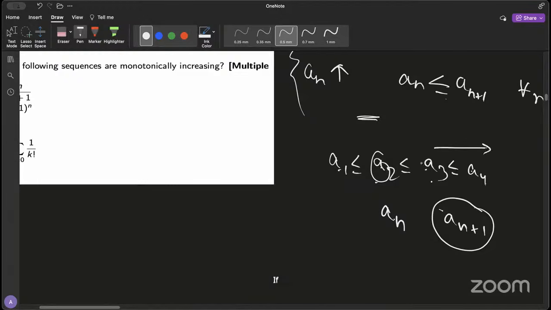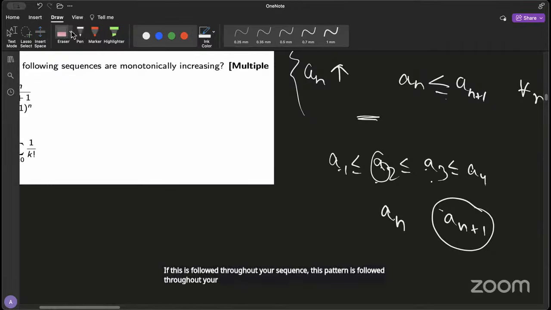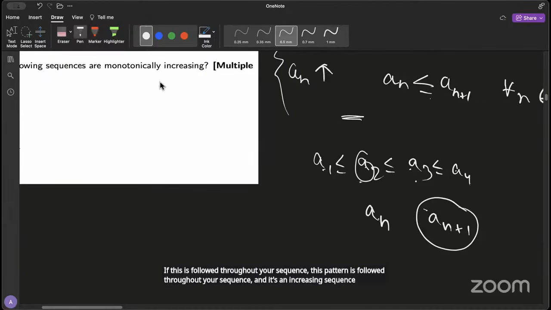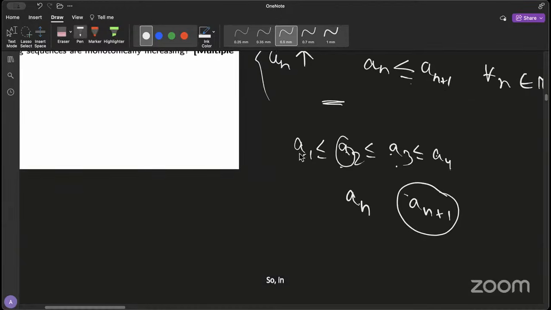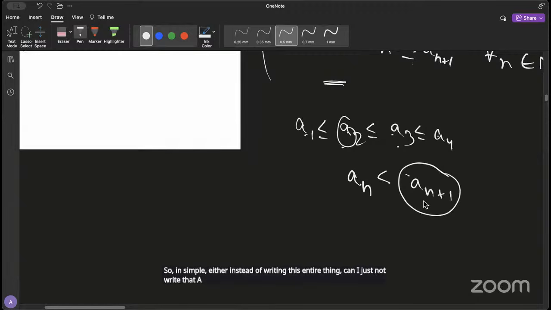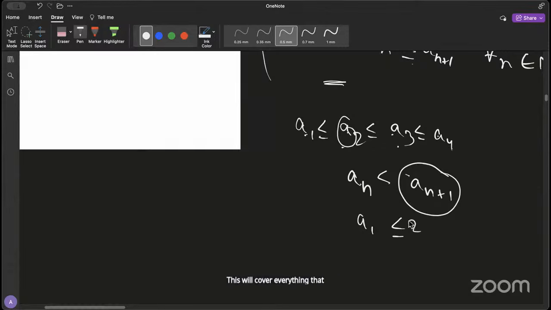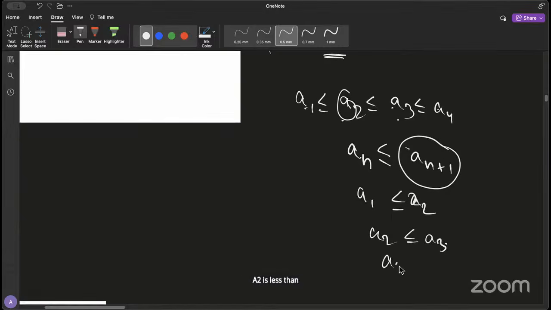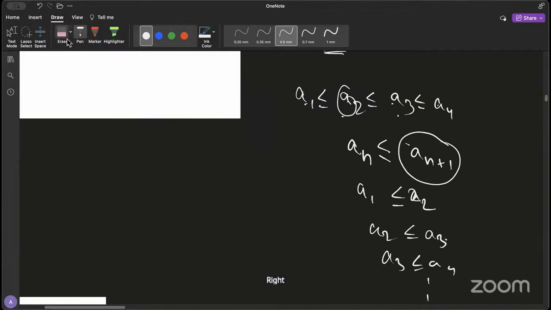If this pattern is followed throughout your sequence, then it's a monotonically increasing sequence, right? So in simple terms, instead of writing this entire thing, can I just not write that A_n should be less than or equal to A_(n+1)? This will cover everything: A1 is less than or equal to A2, A2 is less than or equal to A3, A3 is less than or equal to A4, and so on, right? It should keep going on like this.